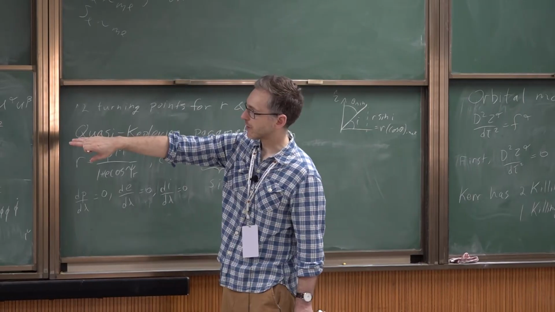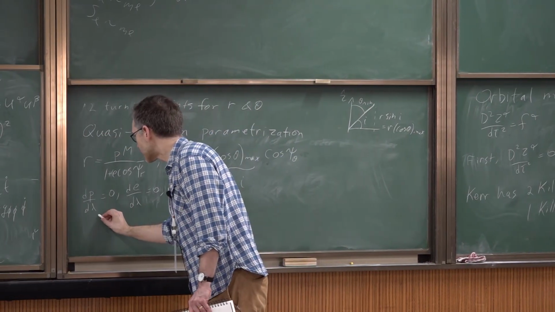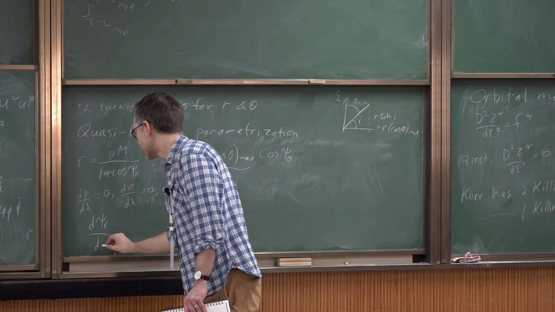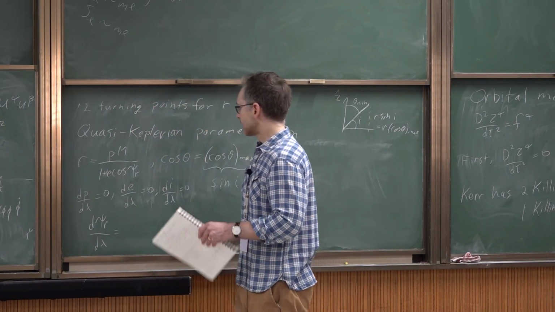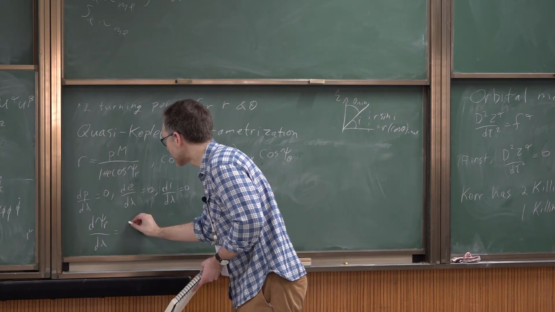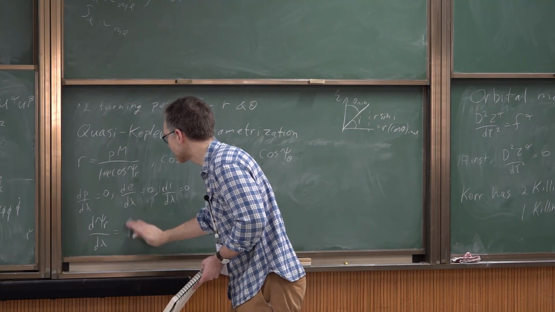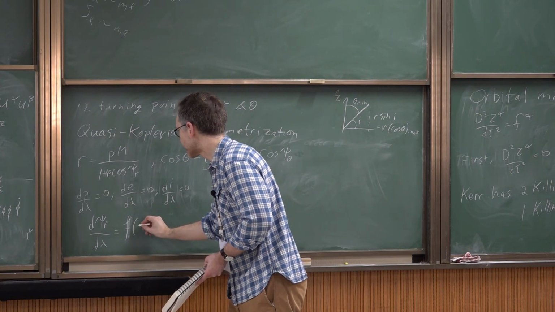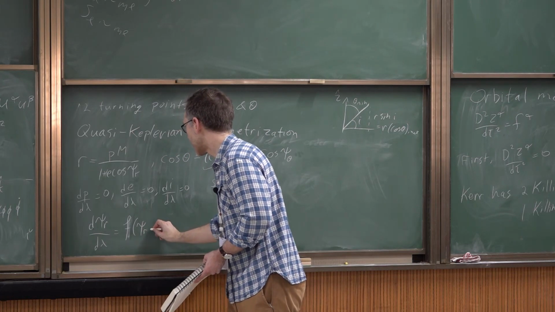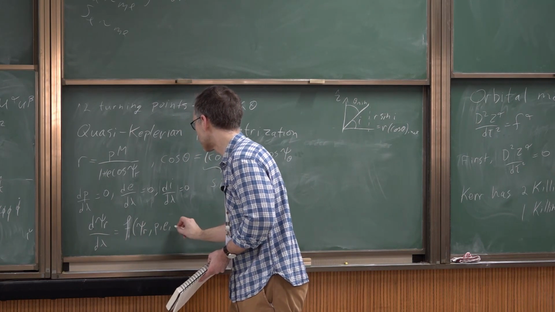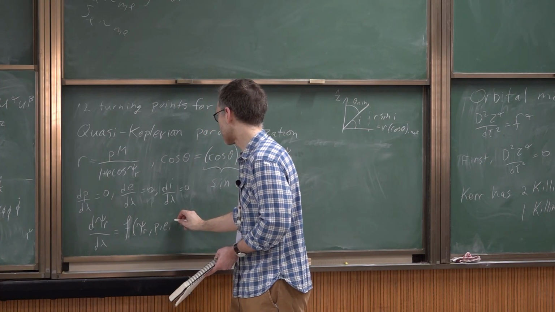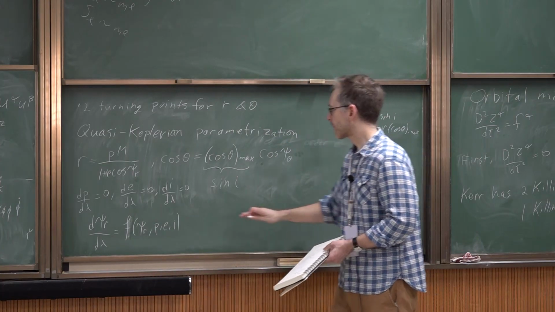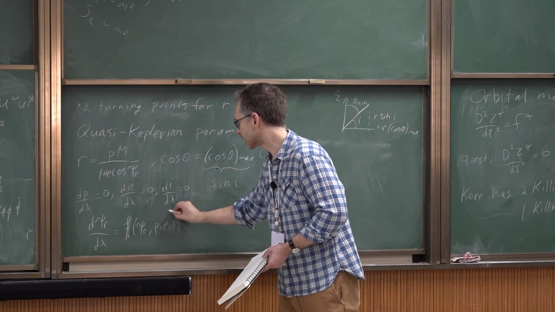Then when we plug that in over there, we get equations that I'm not going to write down. D psi r d lambda is, let me write it as some kind of script f, a function of psi r and of p, e, and not inclination, I think. No, it can't involve inclination.